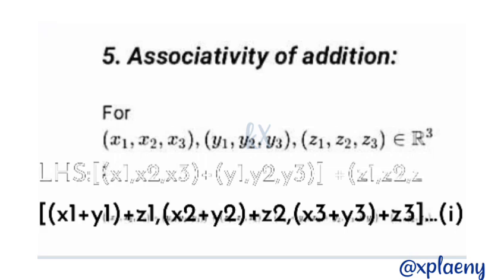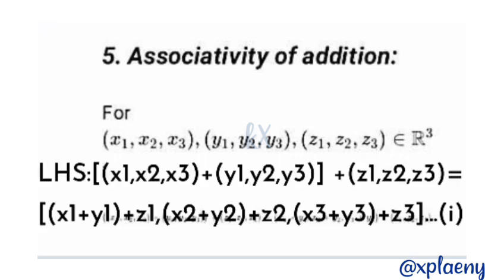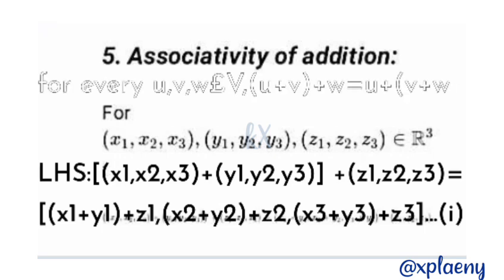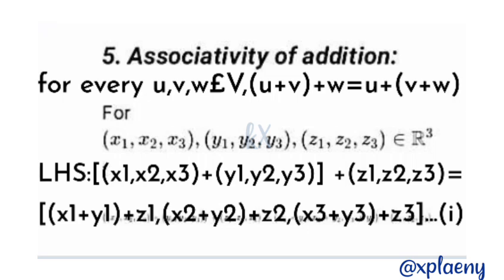So this is our left hand side, that is u plus v in brackets plus w. This gives rise to x1 plus y1 plus z1, x2 plus y2 plus z2, x3 plus y3 plus z3.